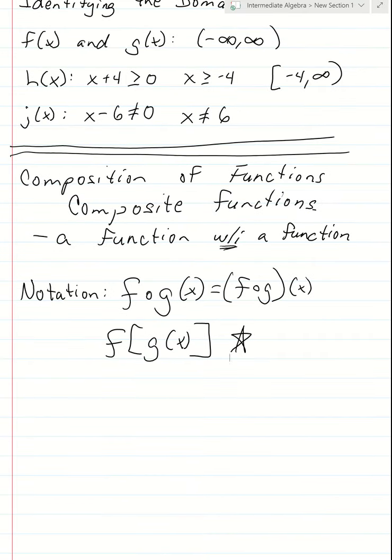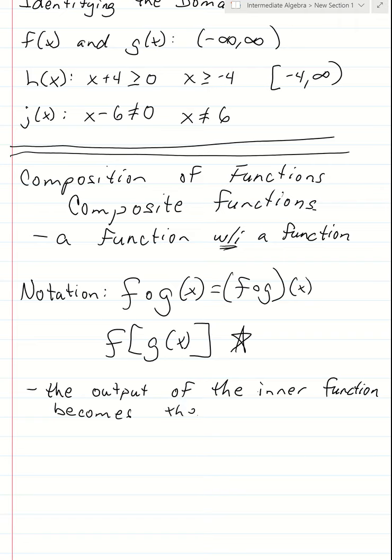Or if we want to write, we could say the output of the inner function becomes the input of the outer function. Because remember, when we deal with functions, it's all about input and output.